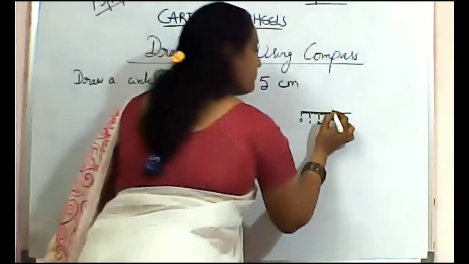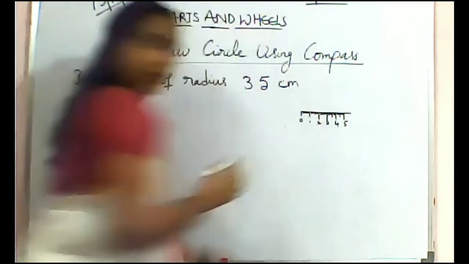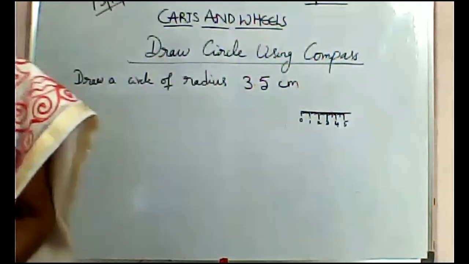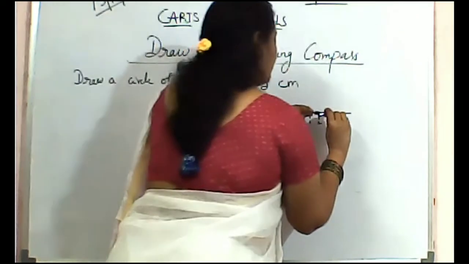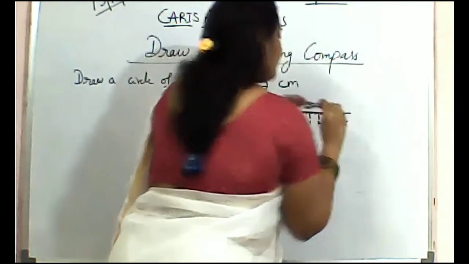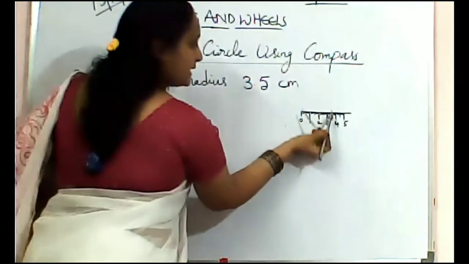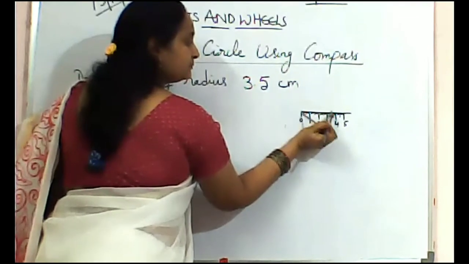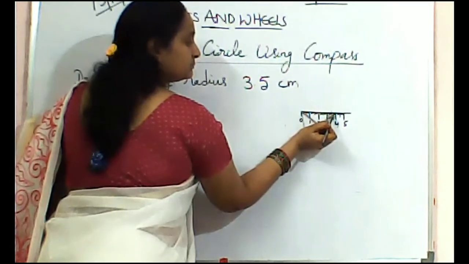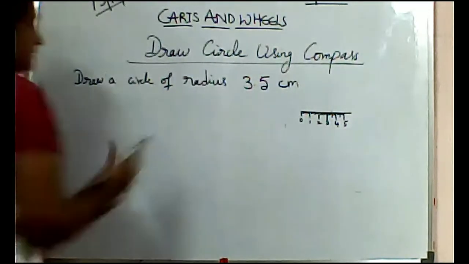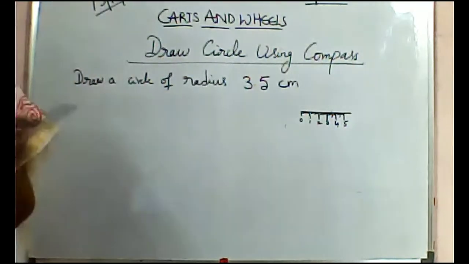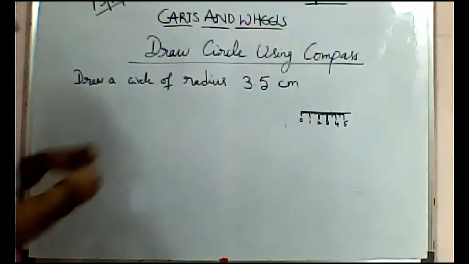So that is the 0.5 division. So you have to keep the point of compass at 0 and the point of pencil at 3.5 like this. And then take the center point and draw the circle.